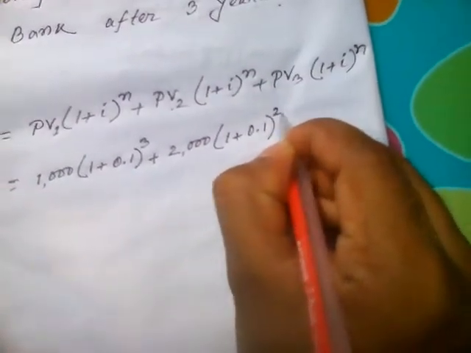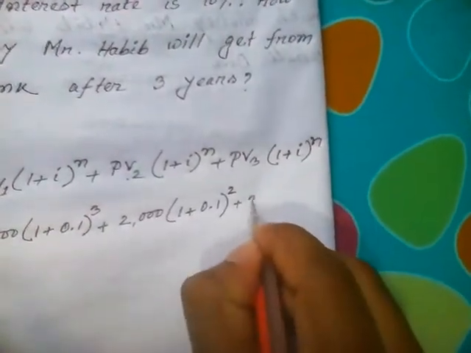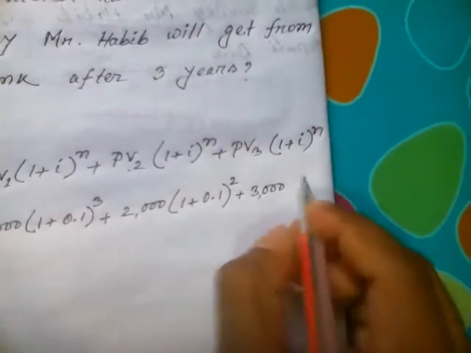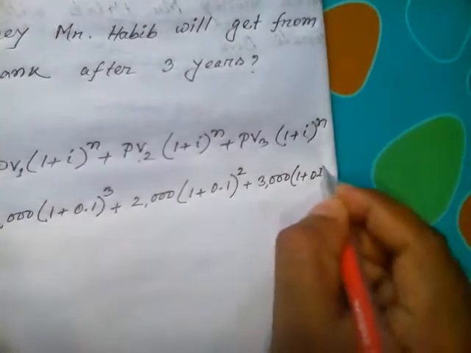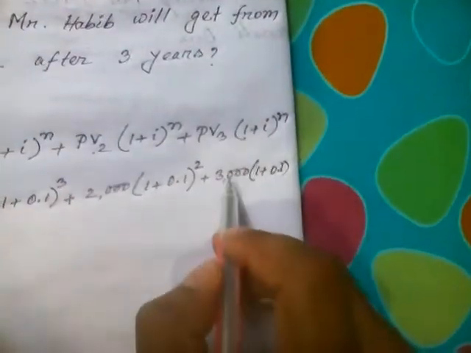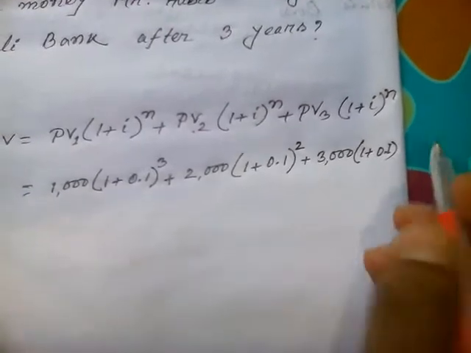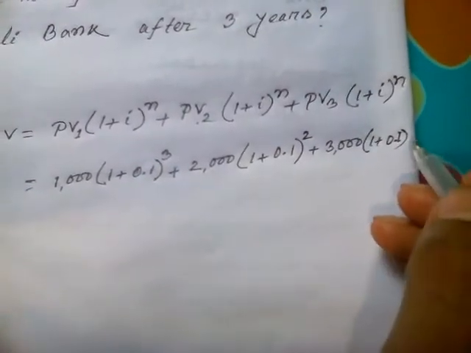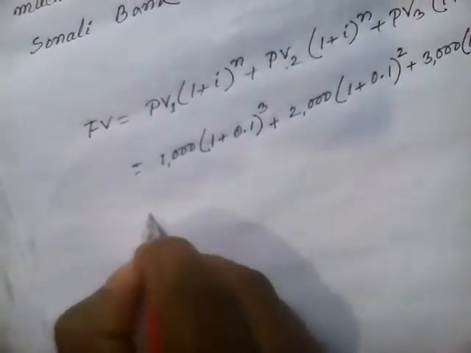That's why the value of n here is 2. Now PV3 equals 3000, and 1 plus 0.1. In the third year Mr. Habib will deposit 3000, and this amount will be in the bank for only 1 year. That's why the value of n here is 1.